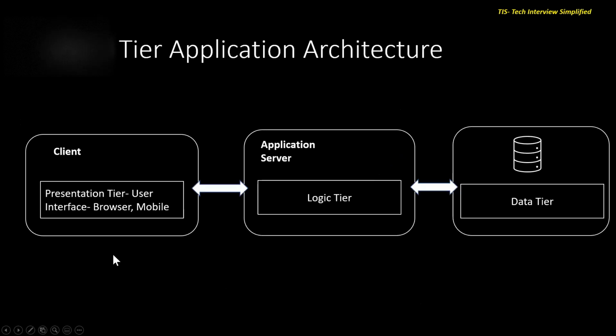Now, if we compare two-tier architecture with three-tier architecture, here what is happening is that you are getting an application server or business access layer in between. The function of the business layer, or the application server, is to accept the data from the client and pass it to the data layer.